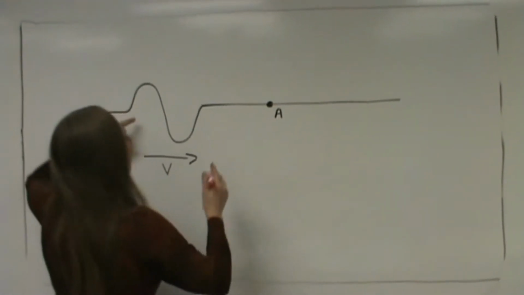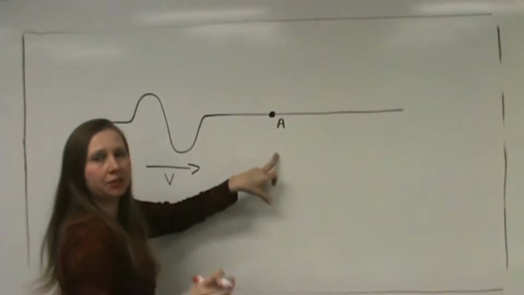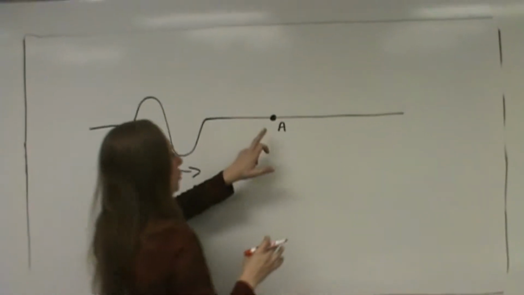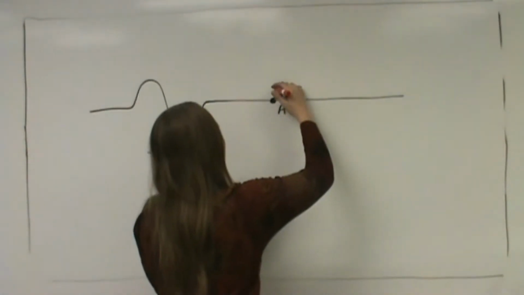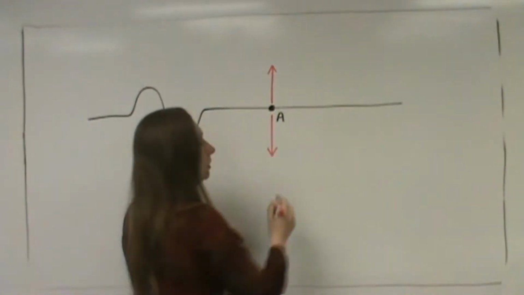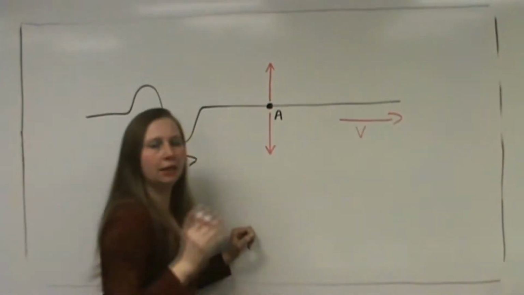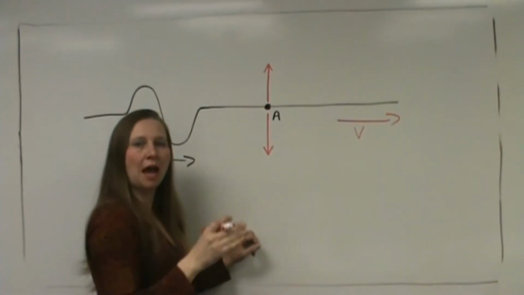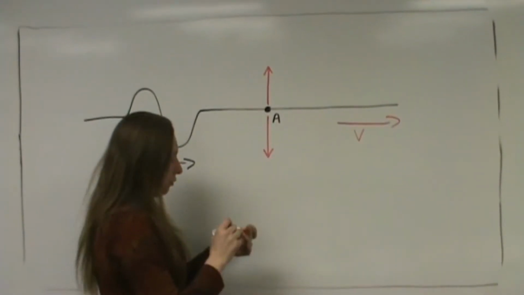Now, when this wave gets to here, keep in mind this is a transverse wave, so A only has two options. A can go up or A can go down. Since the wave is traveling in this direction, and a transverse wave must vibrate perpendicular to the direction that the wave is traveling.